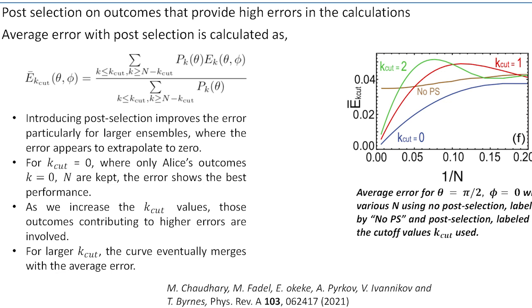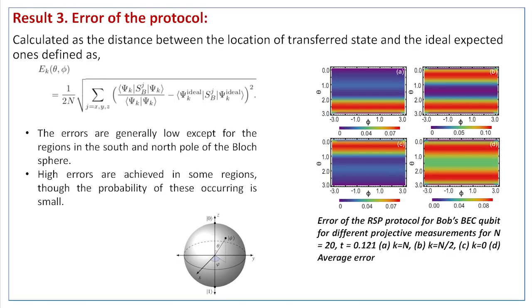If I go here and look at the error plot for transmitting different information over the different Bloch sphere, then generally over almost all parts of the Bloch sphere the error is low. But there is some region close to the south pole where the error is quite high.